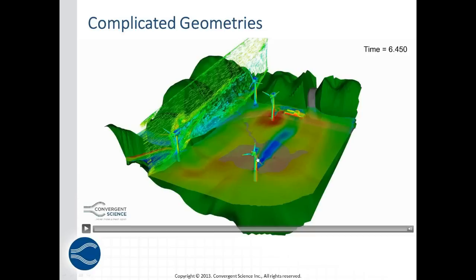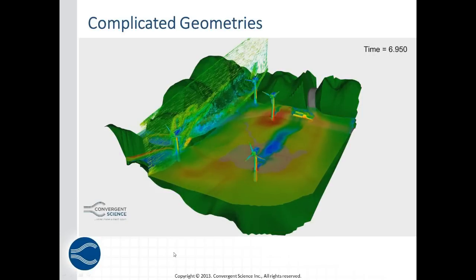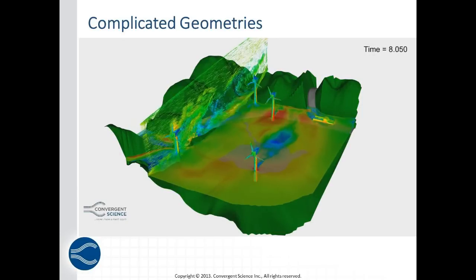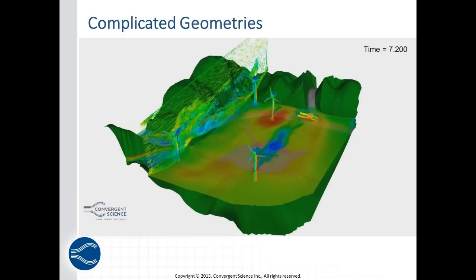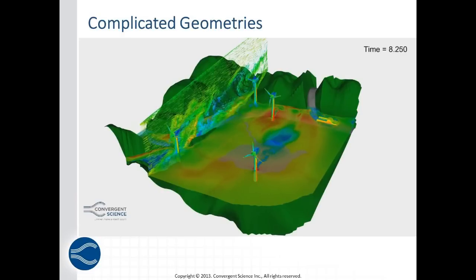Cut off the blade and let it spin and defined that. Copied that to 3 other places and located those there. And then actually threw a truck in there. We picked up a geometry of a truck and dropped the truck in the simulation to see what its effects are. And so here's an example of how you can really just very quickly and easily import geometries into Converge and set up a simulation and be running very quickly.